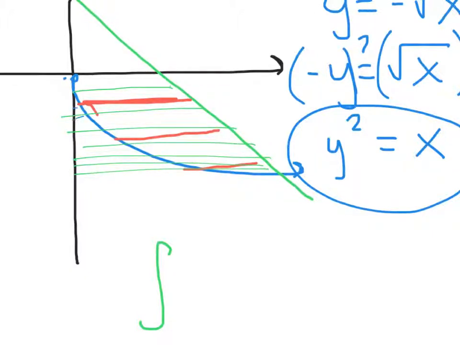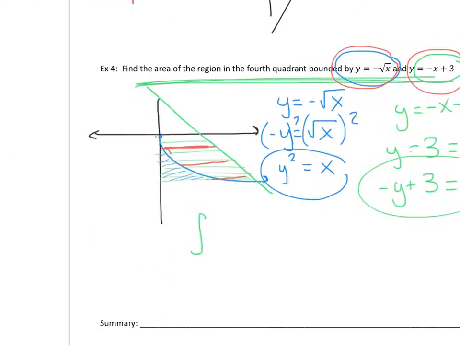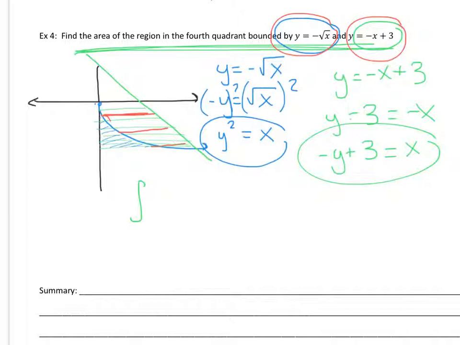The area of the blue curve to the y-axis is this, okay? So the blue is the extra. So that's what we've got to subtract. You've got to subtract the extra, the piece you don't want. So when you do that, because I'm integrating with respect to y, I'm going to get negative y plus 3, because that's the bigger area, minus the smaller area, y squared, with respect to y, so I'm going to put in a dy.